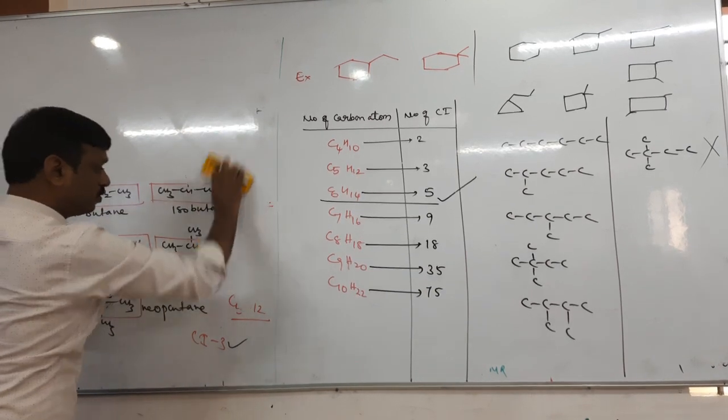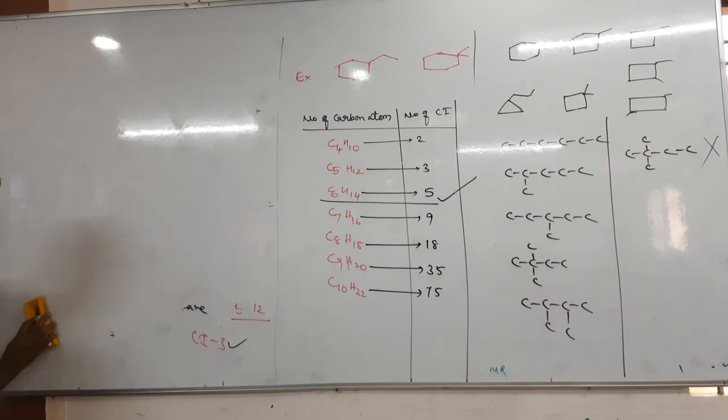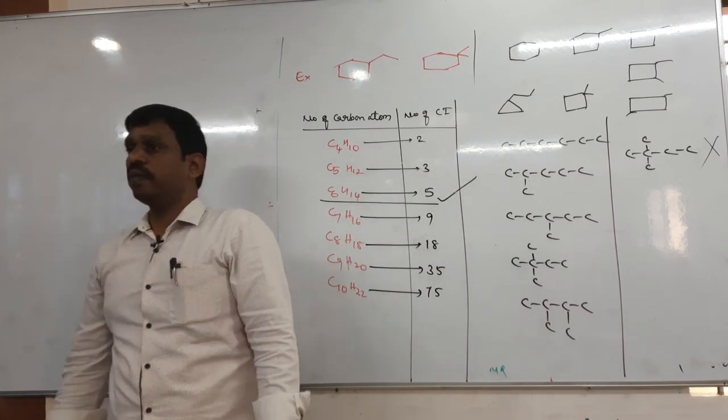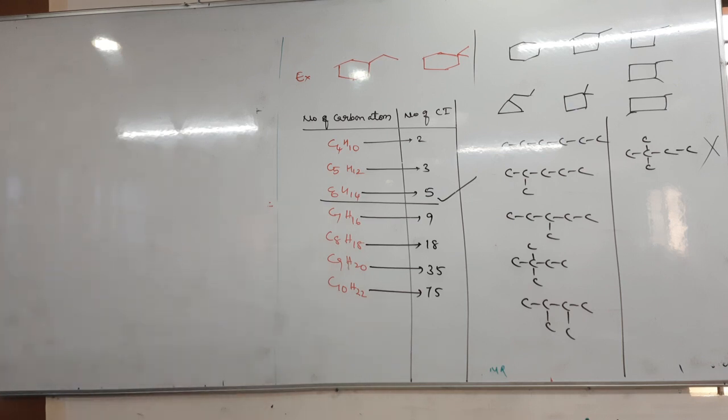The organic compounds which have the same molecular formula but differ in either the position of substituent or multiple bonds or functional groups are called positional isomers, and this phenomenon is called positional isomerism.